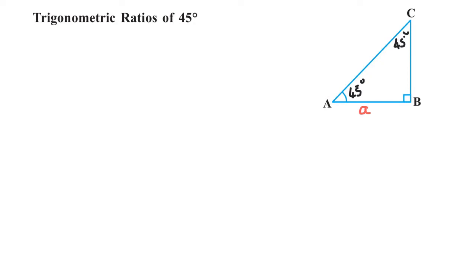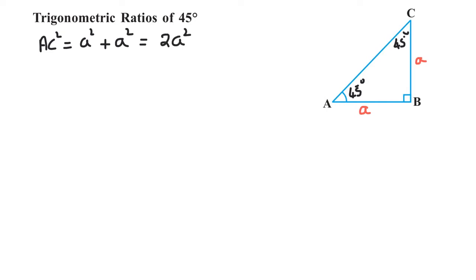What will be the length BC? It will also be A. Can we figure out using Pythagoras theorem what will be AC? So according to Pythagoras theorem, AC squared is going to be equal to AB squared, which is A squared, plus BC squared, which is also A squared. That's going to be equal to 2A squared.